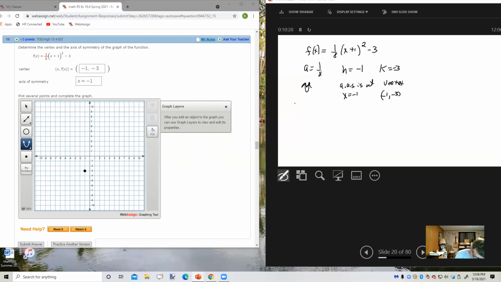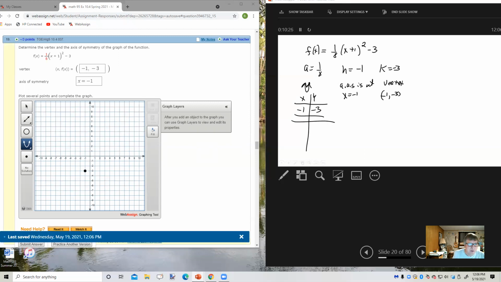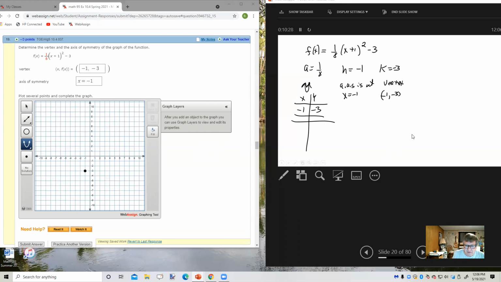I need a second point. Okay. Oops, it's not quite where I wanted that line, but that's okay. We'll put it down here to make more room for it. Let's go with 0. Okay, let's put 0 there, because that's right close to the -1.